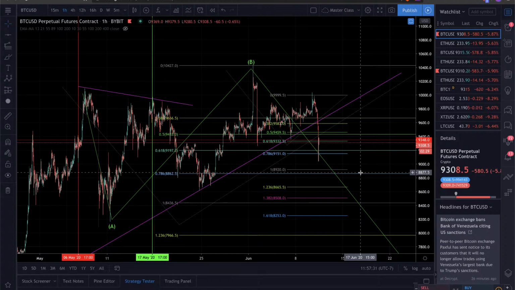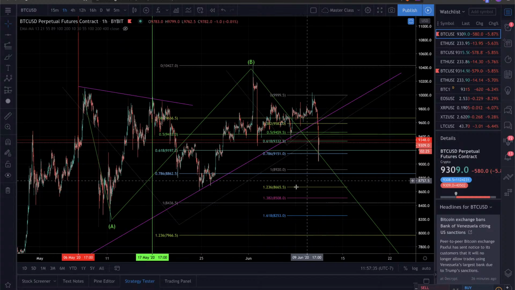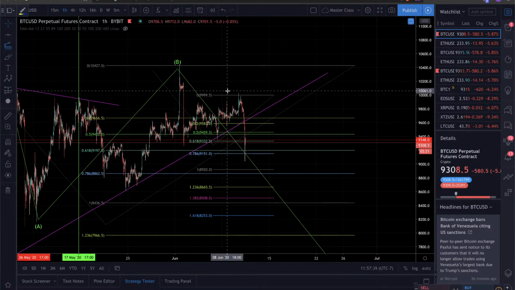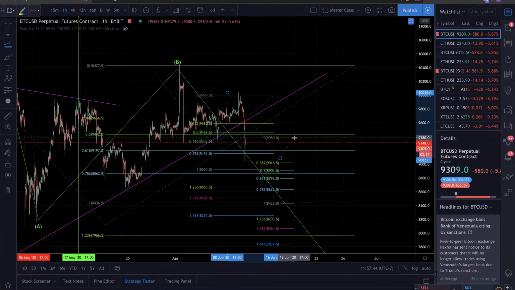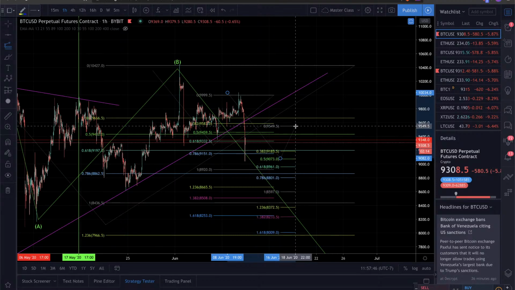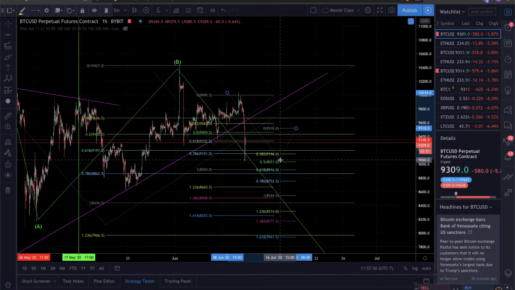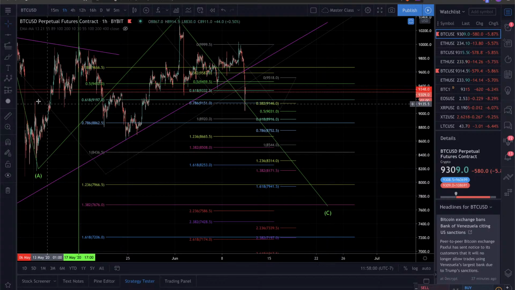And then from there, depending on the wave structure, we may even come back up a little bit higher and retest the trend line. Yeah, we got 1.618. It also lands at 7,900.